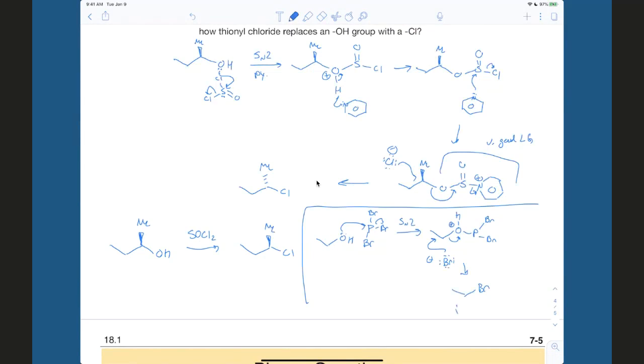And this is always with inversion. But if you see SOCl2 with an alcohol, I'll have pyridine there and it'll be inversion. So you don't have to worry about this funny business. Yeah, PBr3, what a great reagent. So simple to draw the mechanism.